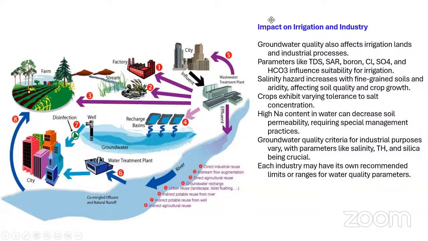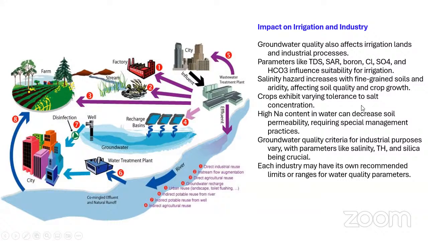In this slide, we have discussed the impact of irrigation and industry based on the groundwater quality. Here, we have particular standards or quality parameters for irrigation suitability and for industrial suitability. When we talk about industrial, we have to consider salinity, total hardness, and silica.